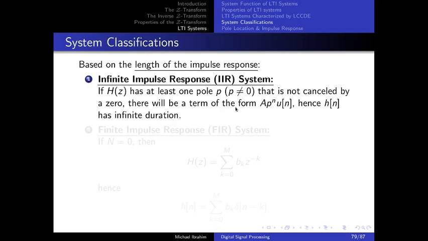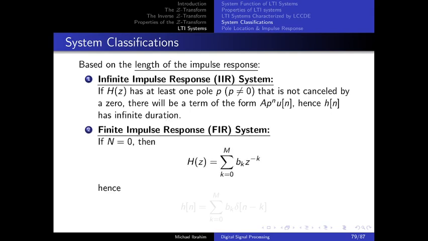On the other hand, if there is no feedback, there will be no poles, and hence it will be a feed-forward system, in which case H of z will be just the numerator polynomial, summation bk z to the minus k.